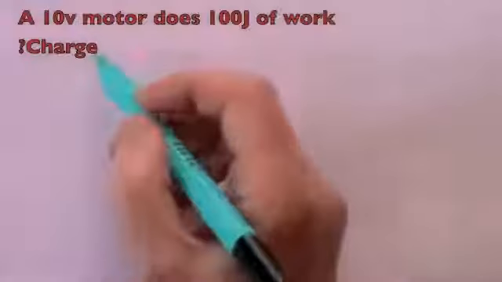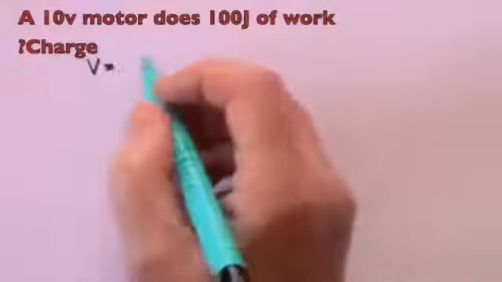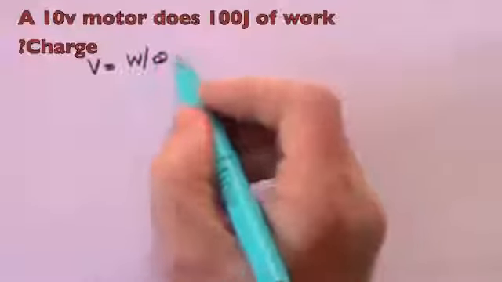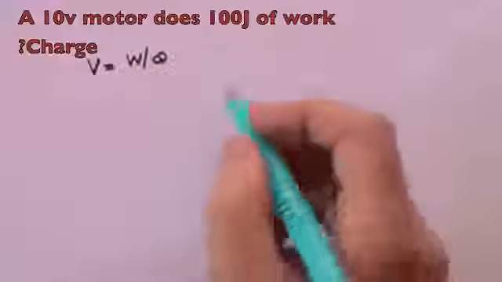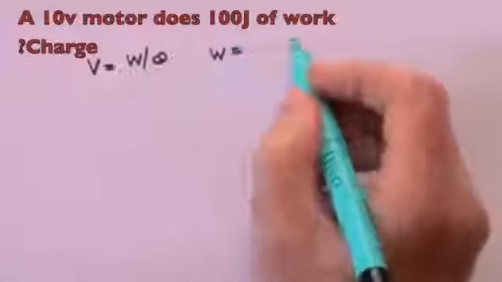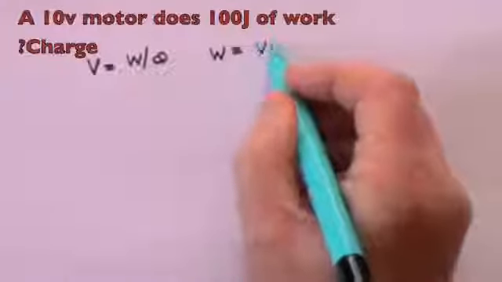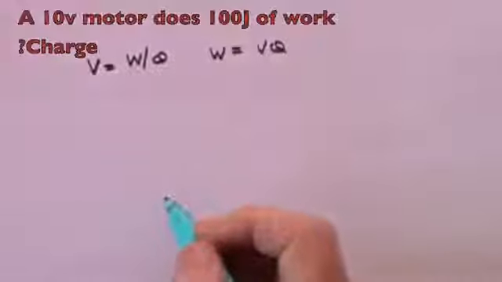Question 3. We have a 10-volt motor, and we are asked what is the charge that will be required if that motor is to do 100 joules of work. For this we need the formula that voltage is work done divided by the charge, and that gives us that work is equal to the voltage times the charge.